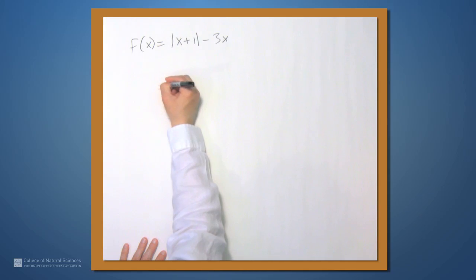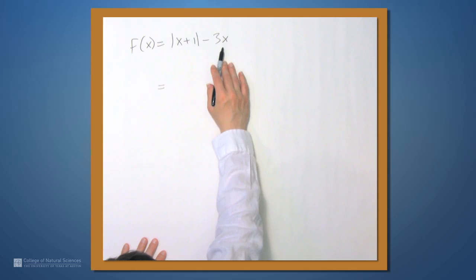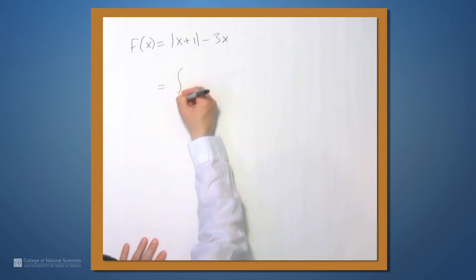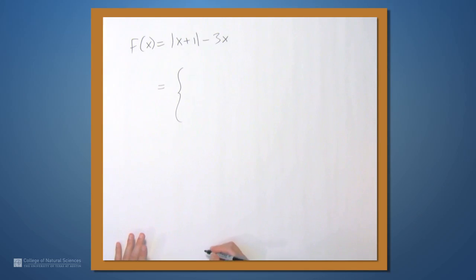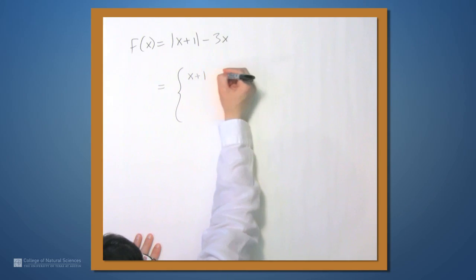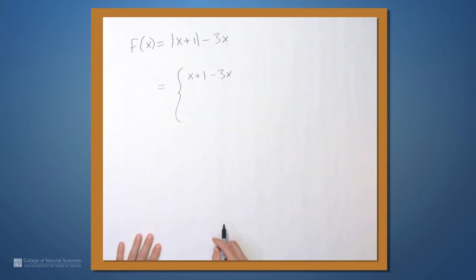Let's start. What's the thing that's going to change? Well, the minus 3x isn't going to change, right? It's this part with the absolute value. So if we write the two cases, in the first case, we're going to leave x plus 1 alone. So we get x plus 1 minus 3x. We'll worry about what comes over here in a second.